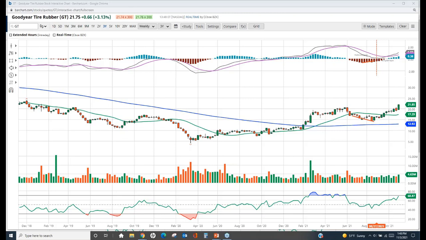So good point there, David. George asks, do I ever use the MACD in conjunction with RSI to identify stocks that are overbought or oversold? I think I answered that question for you, George. RSI is definitely a great companion to the MACD.